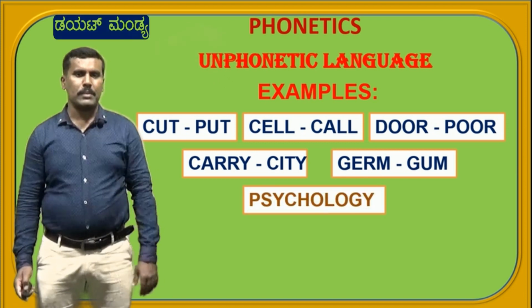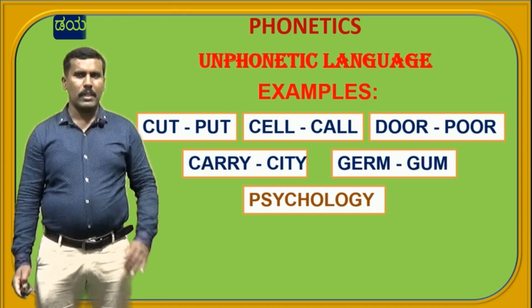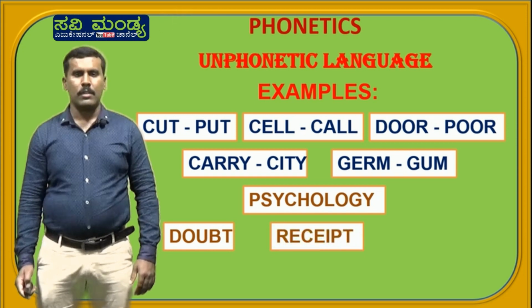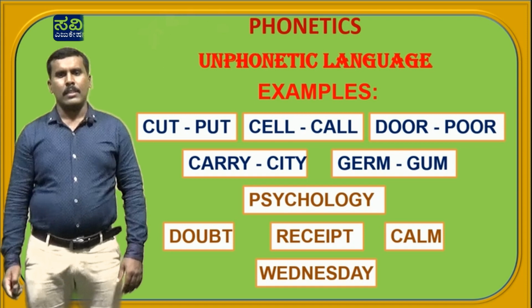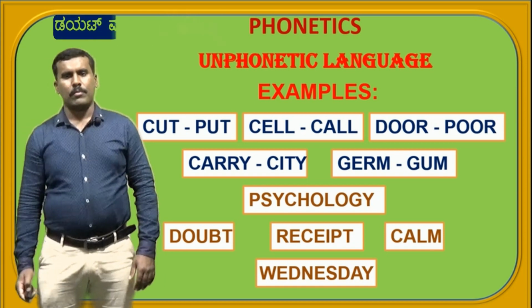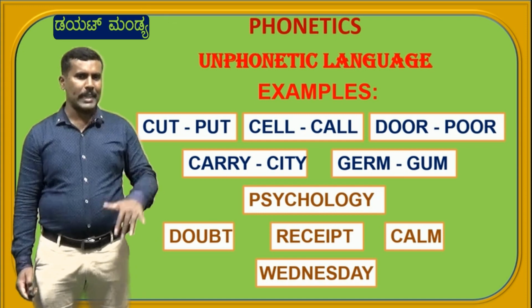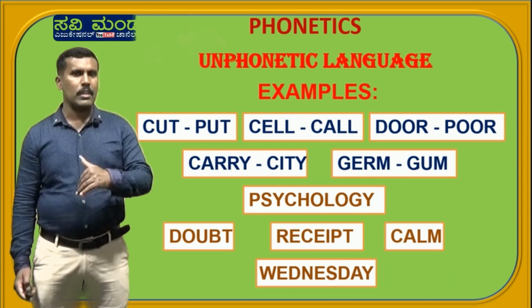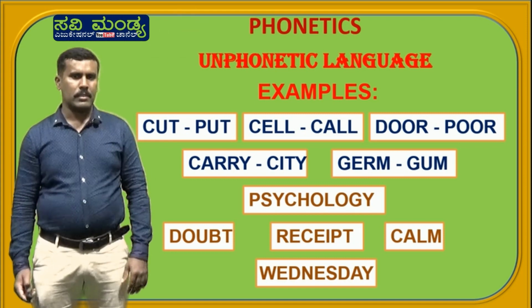Let us have some examples. I would like to give you the right pronunciation now, then I try to differentiate. Psychology, doubt, receipt, calm, Wednesday. The person who has learnt his mother tongue as a phonetic language, if he tries to learn the second language English as an unphonetic language, naturally makes mistakes.